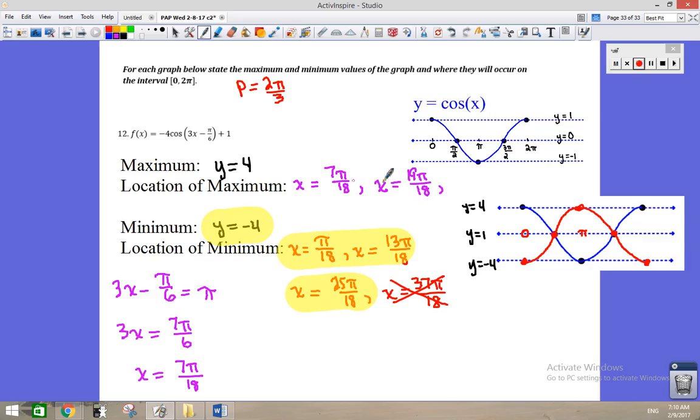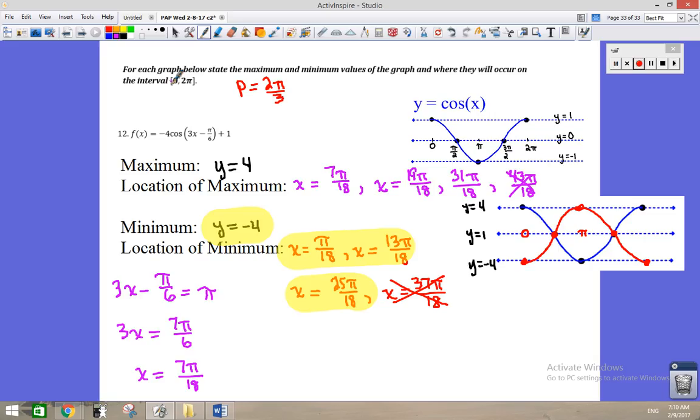And if I add, again, 12 to that, 31, I'm still less than 36 because 18 times 2 is 36, so I'm still on 0 to 2 pi. But when I add another 12 pi over 18, I'm at 43 over 18. 43 is bigger than 36, so I've exceeded that 2 pi.